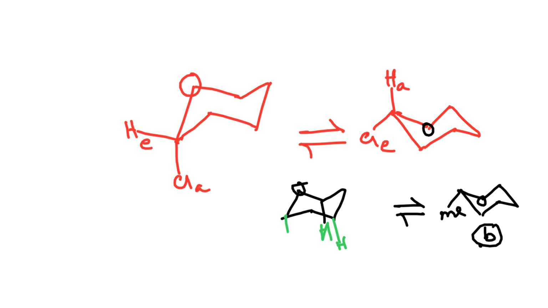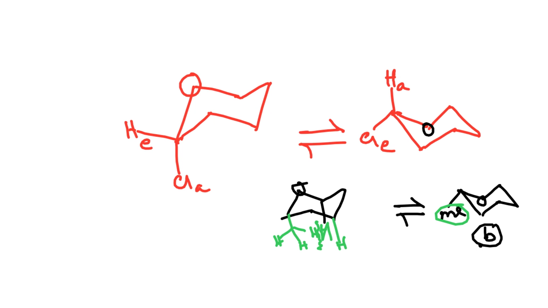So here you have this methyl hydrogens. Yeah, so they will interact sterically. There is a steric hindrance which is not present here because it is now in the equatorial position.